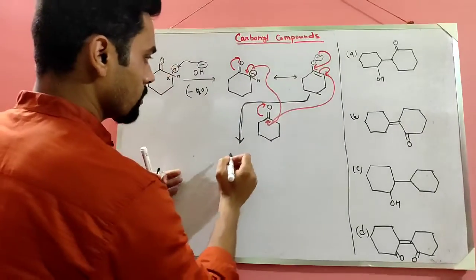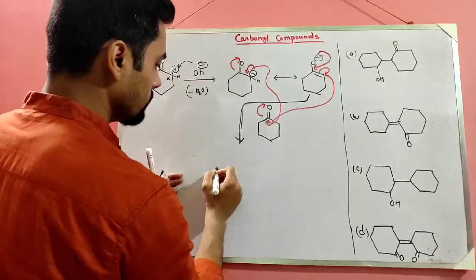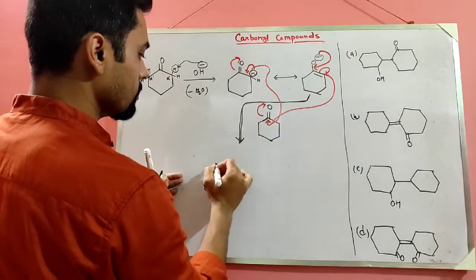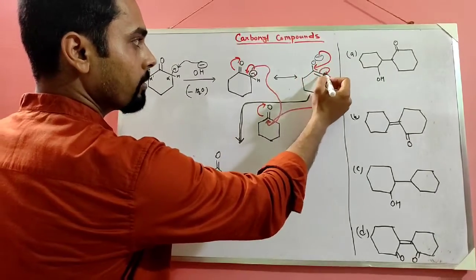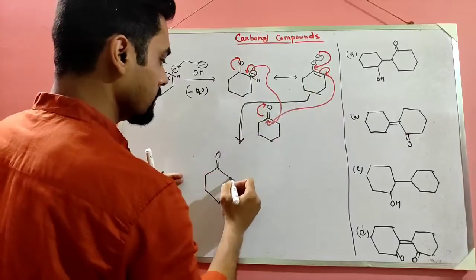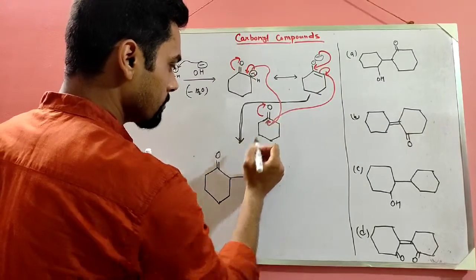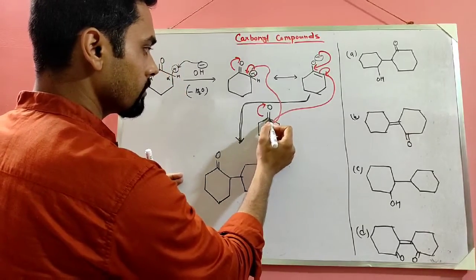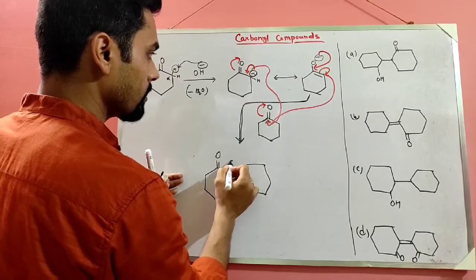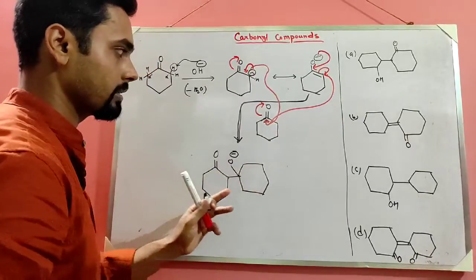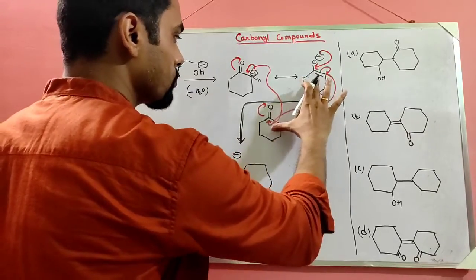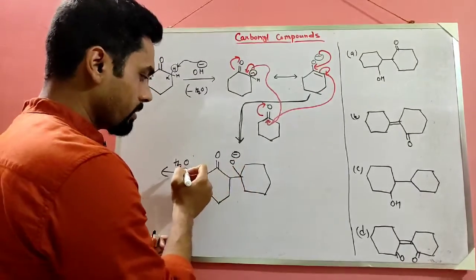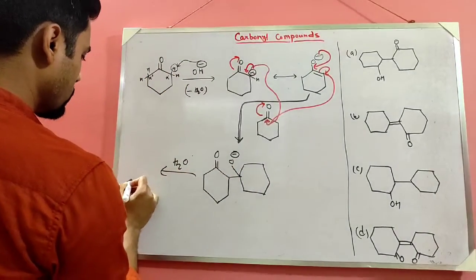So what will you get? Here C double bond O, and a new bond is formed to the carbonyl carbon atom, and the oxygen atom gets a minus charge. This forms when these two react, and it takes up a proton from the medium, so we will get the product like this.